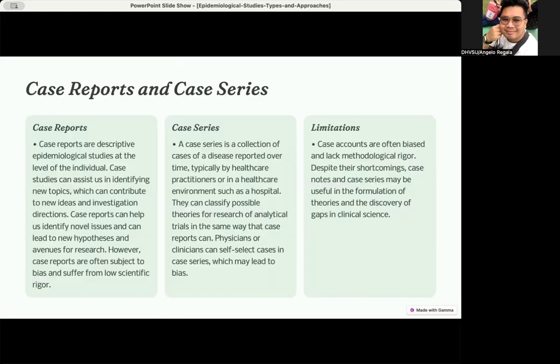Now, if you conduct a study on each of these case reports or case series, we call it a case study. A case study can assist us in identifying new topics. It is an intensive process of studying a person or a group of people or a unit, aimed to generalize over several units.